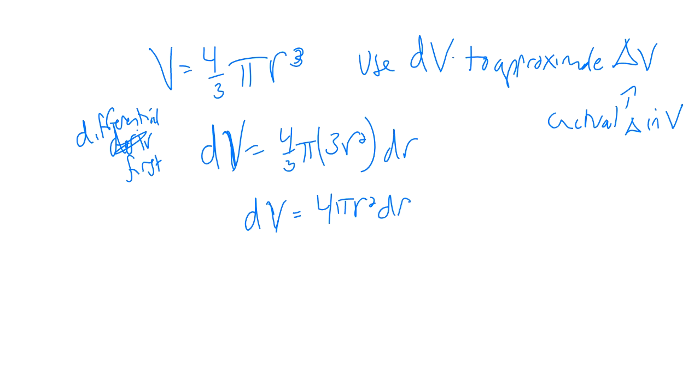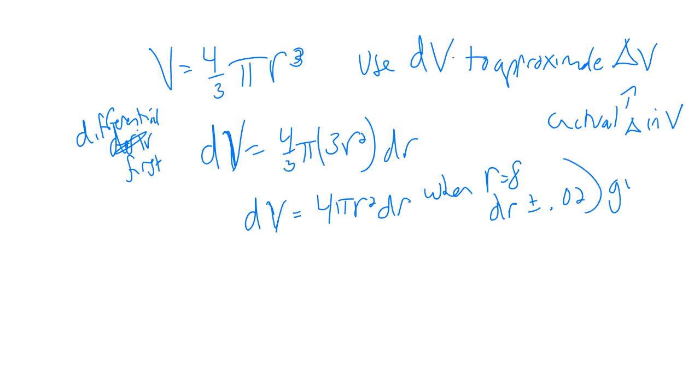And from the words of the problem on the page before this, what we're talking about is when r is 8 and dr is plus or minus 0.02. That was given to us in the example.